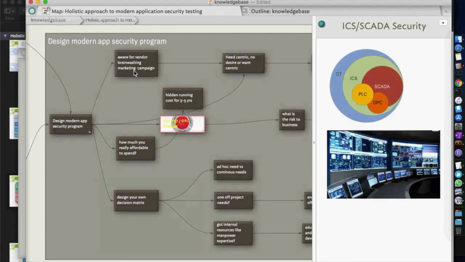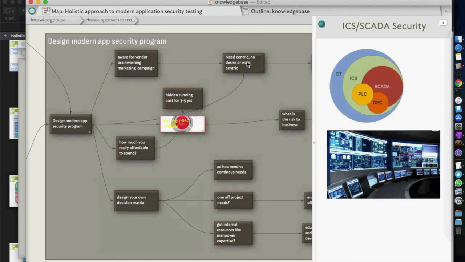Because they are in the business of selling the product. So you must be aware. Sometimes they will introduce a technology that may or may not be really relevant to your own scenario.